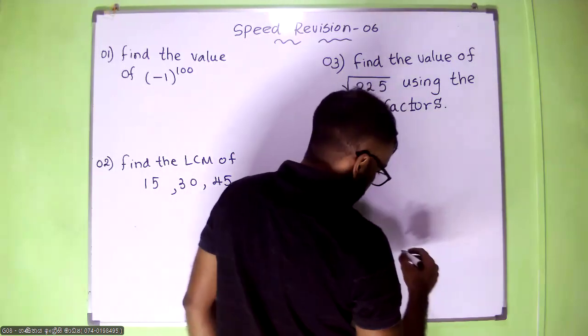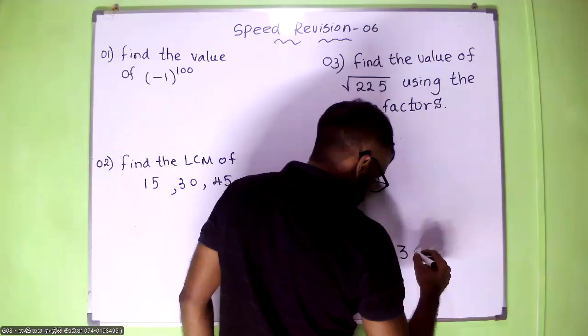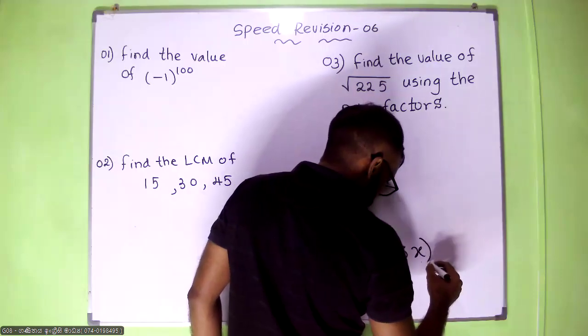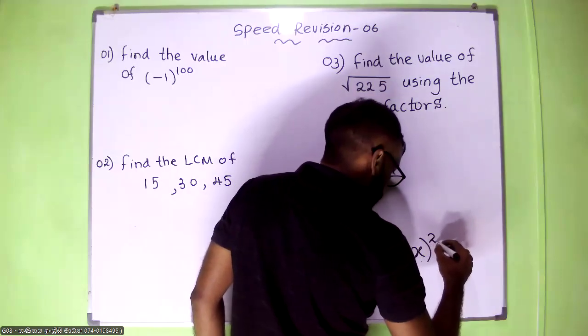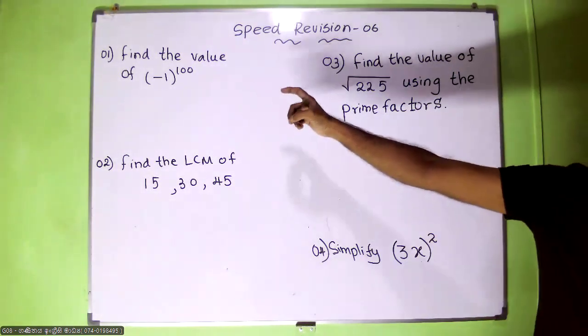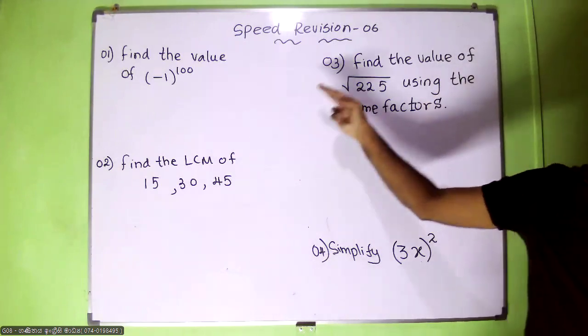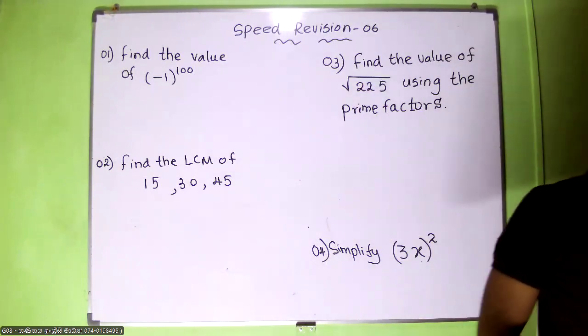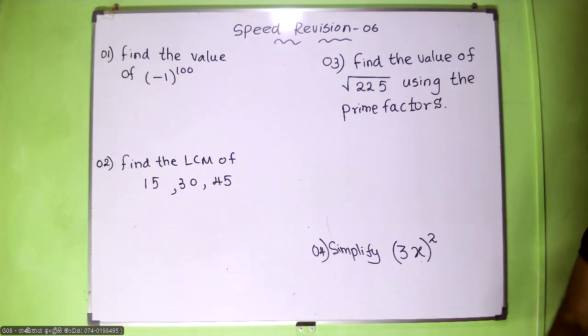Simplify to this one, this one, this one, and this one, right? So you have to use the knowledge of the prime factors in order to do the third question.